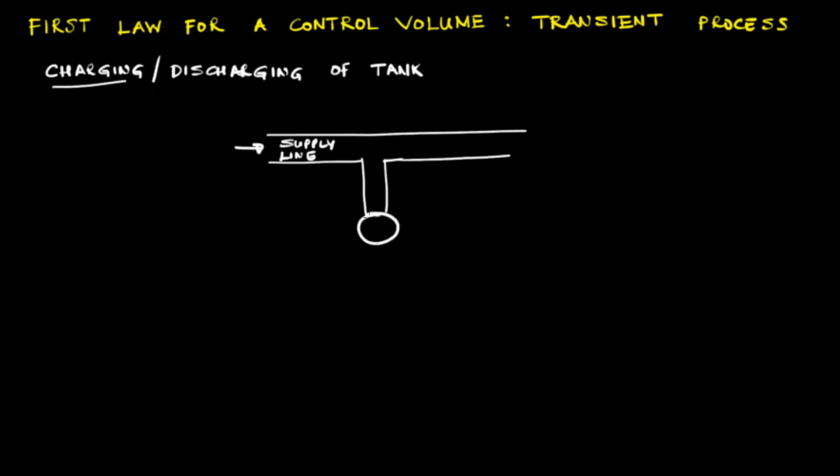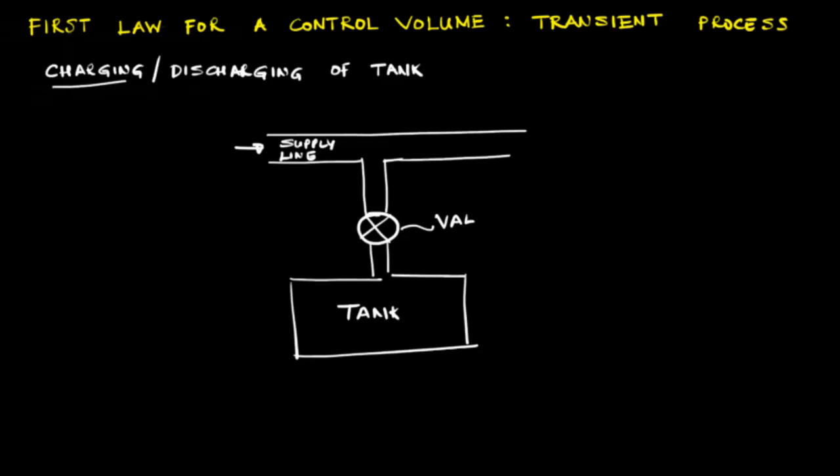To this supply line there is a tank that is connected through a valve, and let's say that initially, at t equals 0, this tank is evacuated.